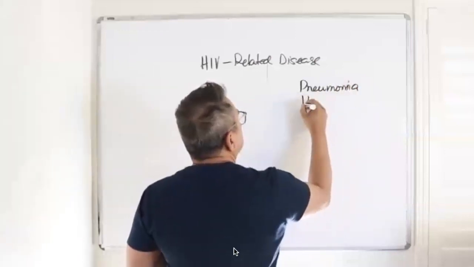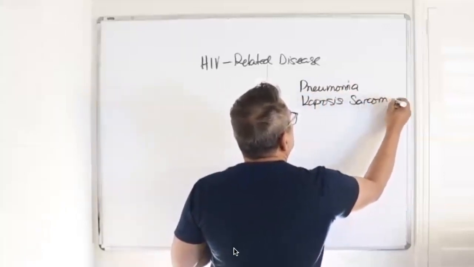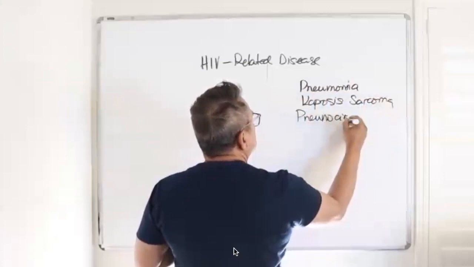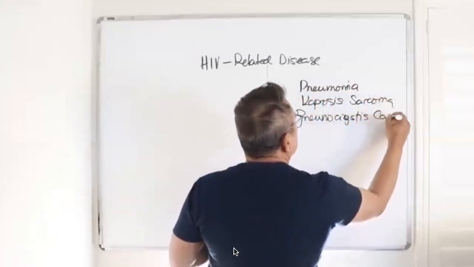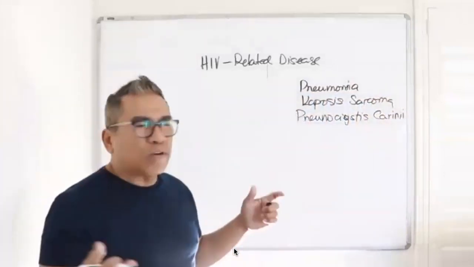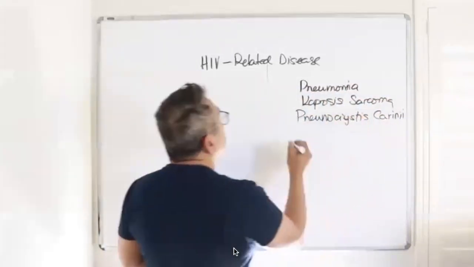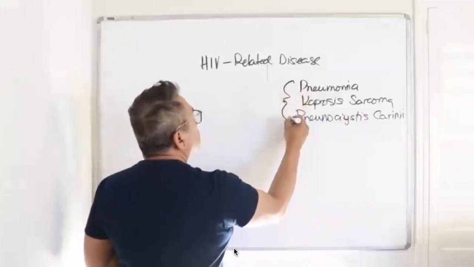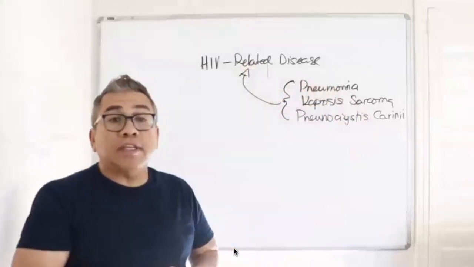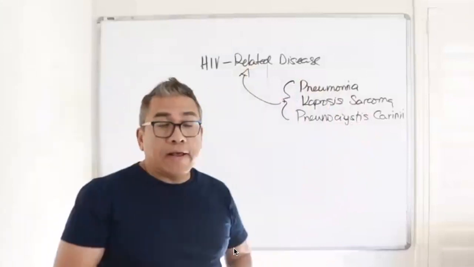Kaposi sarcoma, which is a type of cancer. What else? There is pneumocystis carinii. So these are some of the conditions that the patient may contract that are HIV related. I'm not saying these are absolute, but these are possible conditions that a patient may contract if the patient has HIV.